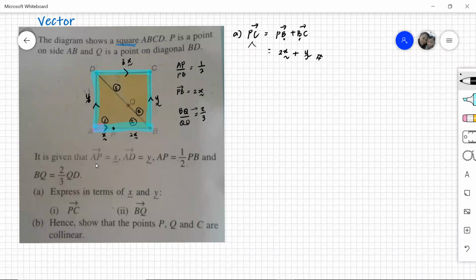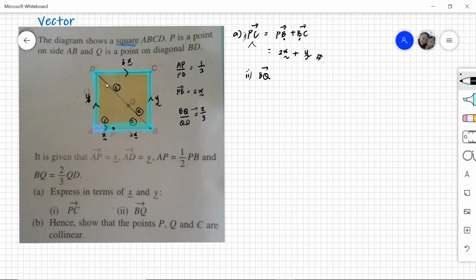Okay, and then part 2, we want to find BQ. Where is BQ? BQ is here, from here to here. Now, do you see that for BQ we have the ratio marking here? That means we can write BQ in terms of BD.